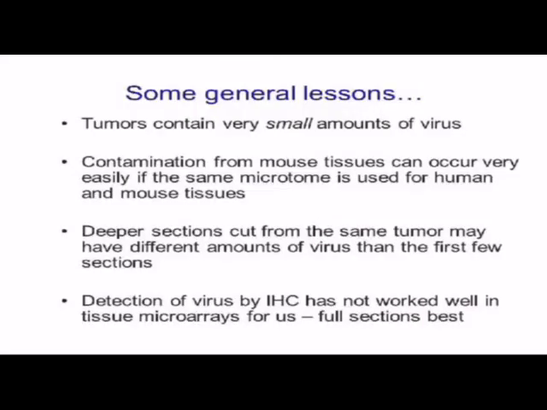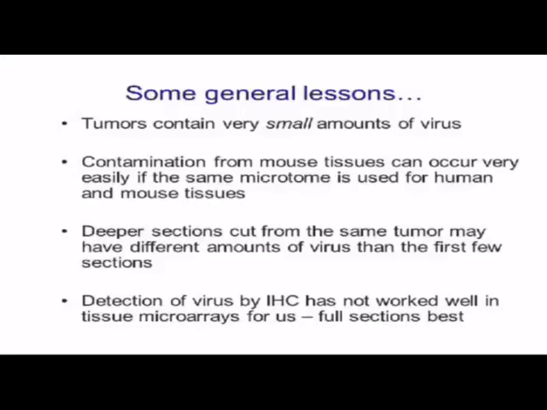The other thing is that contamination from mouse tissues can occur very easily if the same microtome is used to cut human and mouse tissues. Many research labs process mouse tissues on the same machine that they process human tissues, and we found that was a huge problem in our initial few experiments; we had to discard about 100 samples that we cut originally because of mouse contamination.